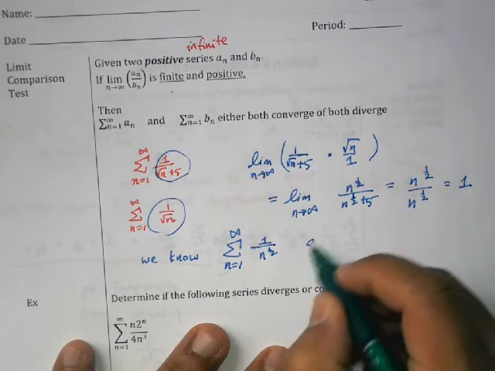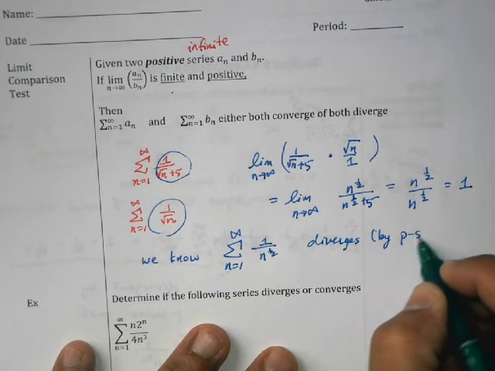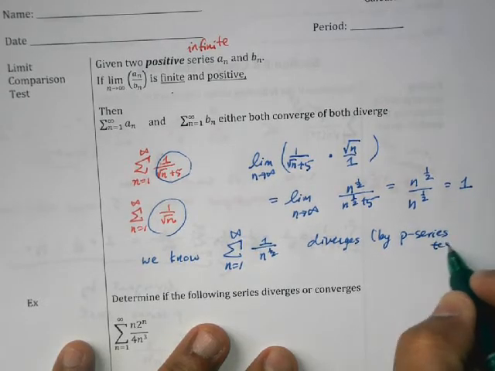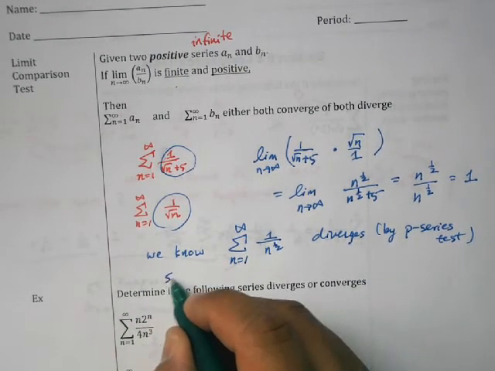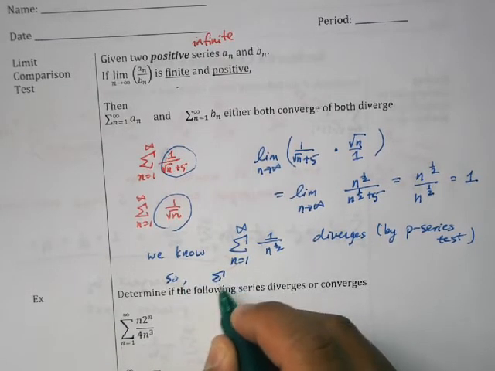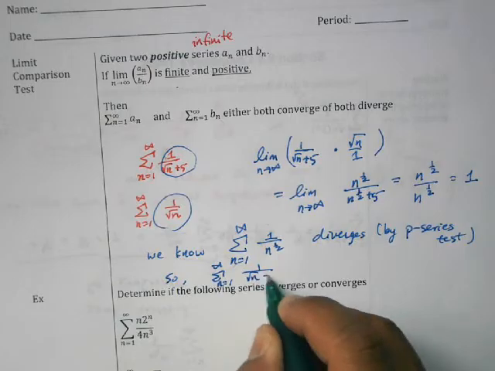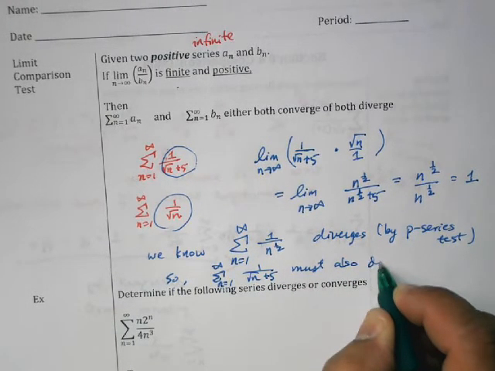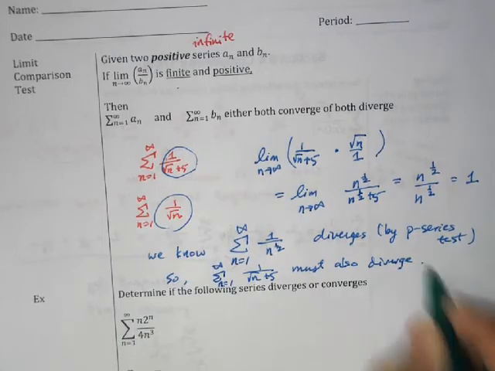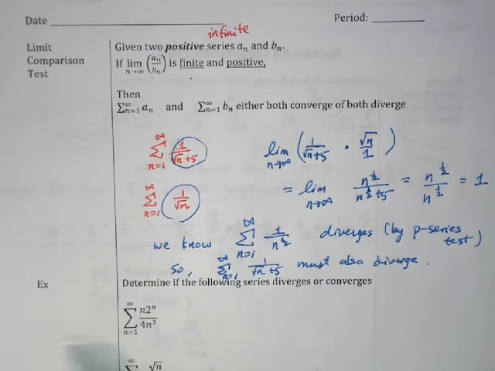The square root of n and n to the 1/2 are the same thing, diverges by the p-series test, then the other series must also diverge. So this is a good example of the limit comparison test.